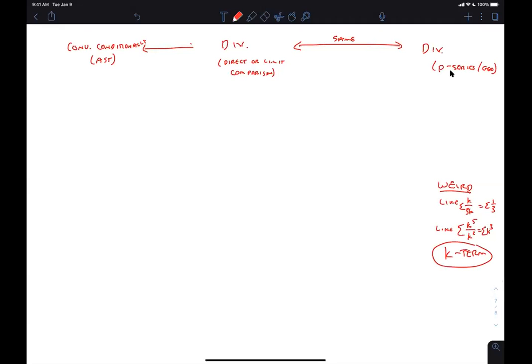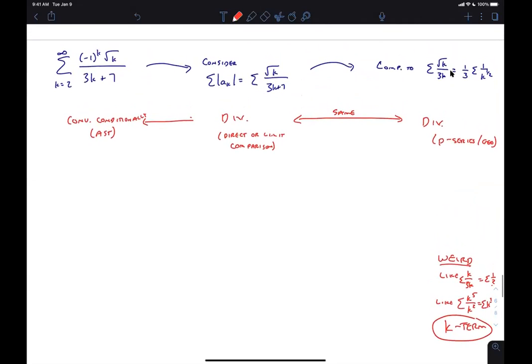All 3 would diverge, but you don't need to do the 3 parts. So if it's weird, then it diverges.